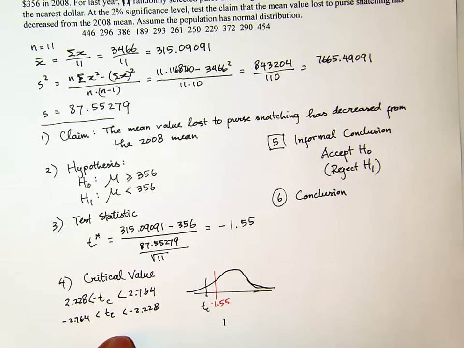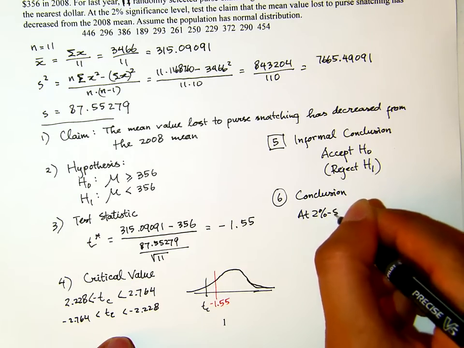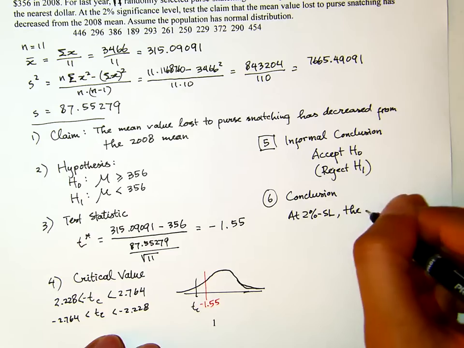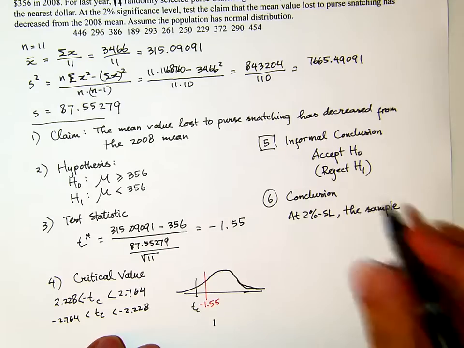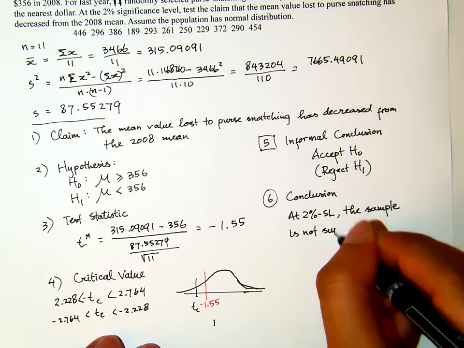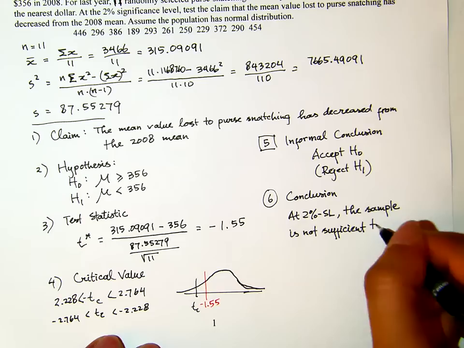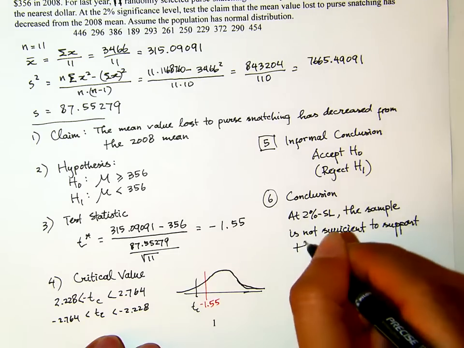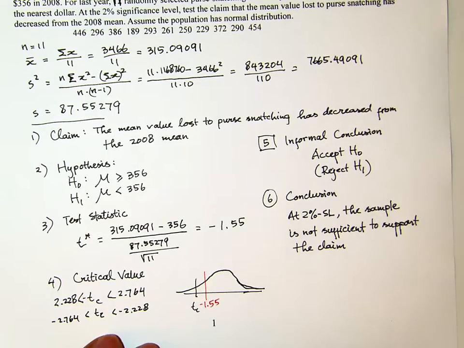Now let's write the formal conclusion. We say that at the 2% significance level, the sample data is not sufficient to support the claim, because the claim happens to be on the alternate hypothesis, right?